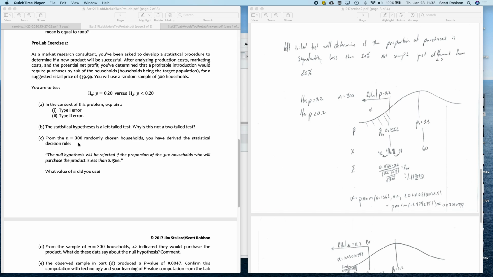So if you took a sample and during that sample you saw that the proportion of people that were interested in buying was less than or equal to 15.66%, and I know that's not 20, but here you're saying I'm going to give myself a little bit of breathing room. If my sample was exactly 20% or a little bit less than 20%, perhaps the actual proportion could still be 20% or more. So I'm going to give myself a little bit of tolerance and say, I'm only going to draw the line in the sand and say that the value of 15.66% is significantly less than 20%.